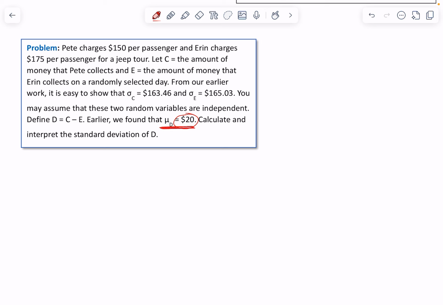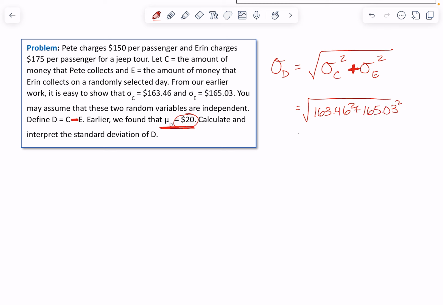Calculate and interpret the standard deviation of the difference of Pete and Aaron. So remember, we're going to take the old standard deviations. Oops, not X and Y, we use C and E. We square them, add them, and square root. I don't care that we're doing the difference where it says minus; we're still going to add them. So we're going to do the square root of 163.46 squared plus 165.03 squared.